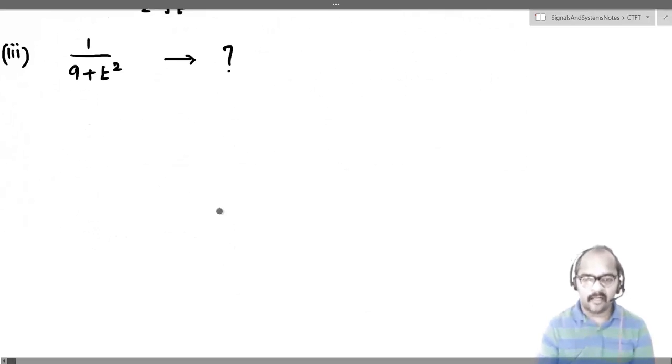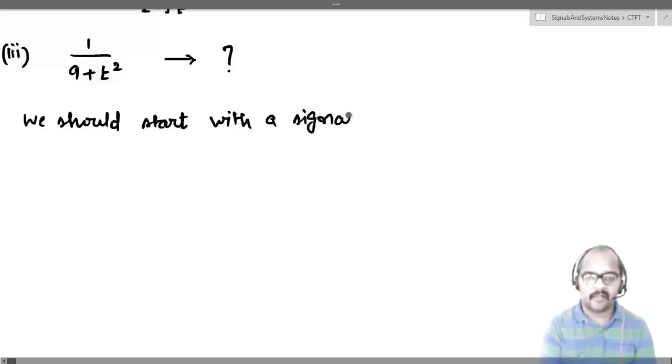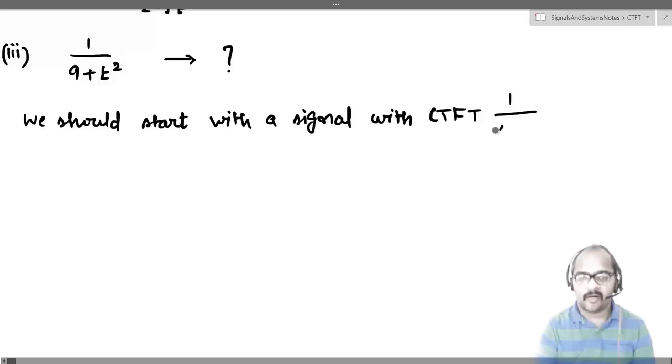So clearly we should start with a signal with CTFT 1 by 9 plus omega square.